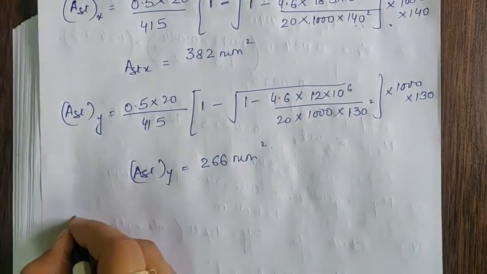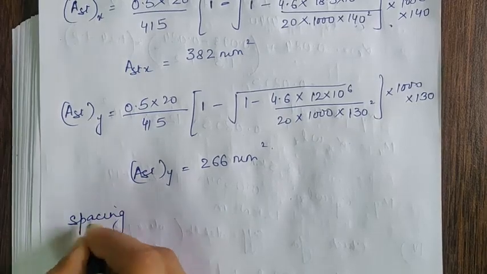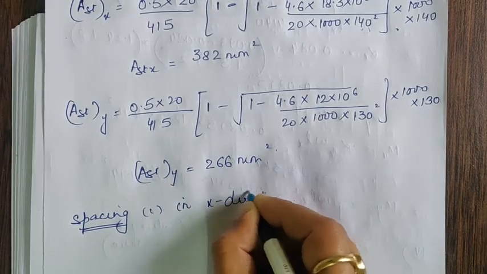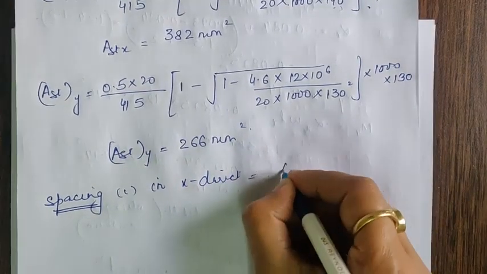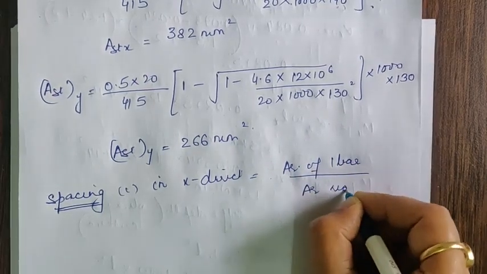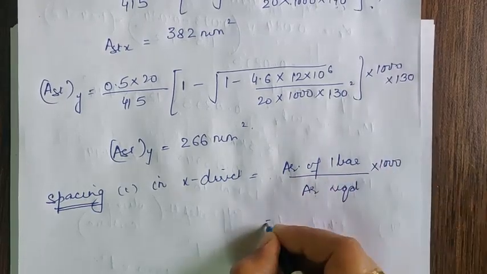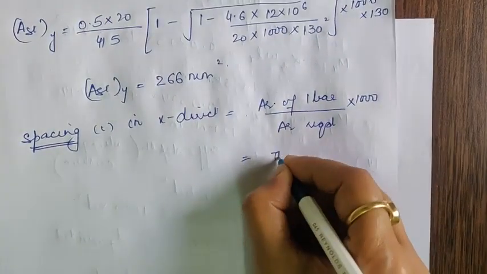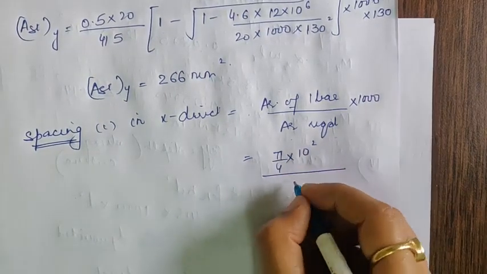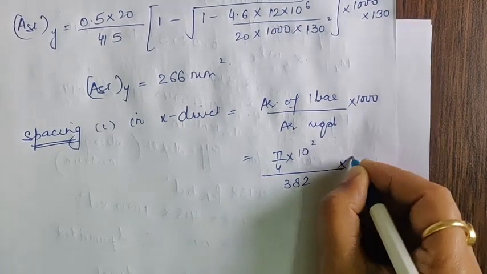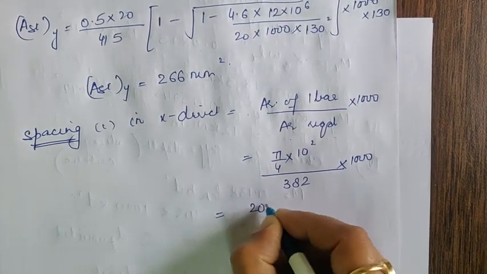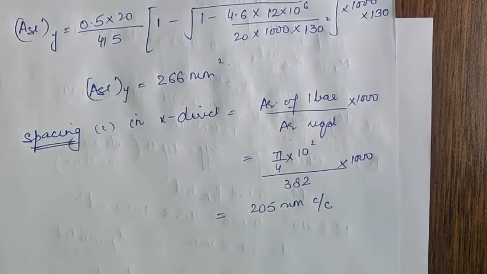Okay. Then I'll find out the spacing in x direction. I hope you remember the formula. It was area of 1 bar upon area required into 1000. Let us say I am using 10 mm dia bars. It is pi by 4 into 10 square divided by area required, 382, into 1000. So it is coming out to be 205 millimeter center to center.